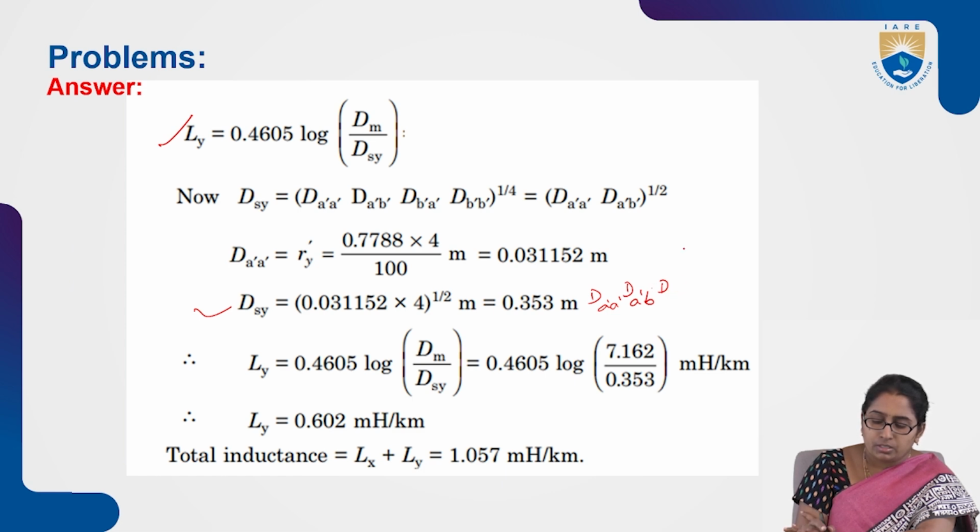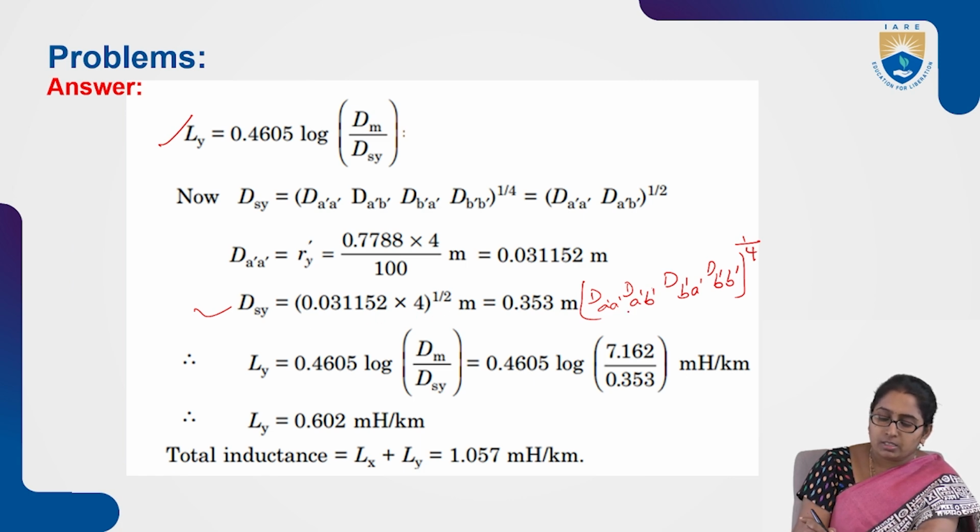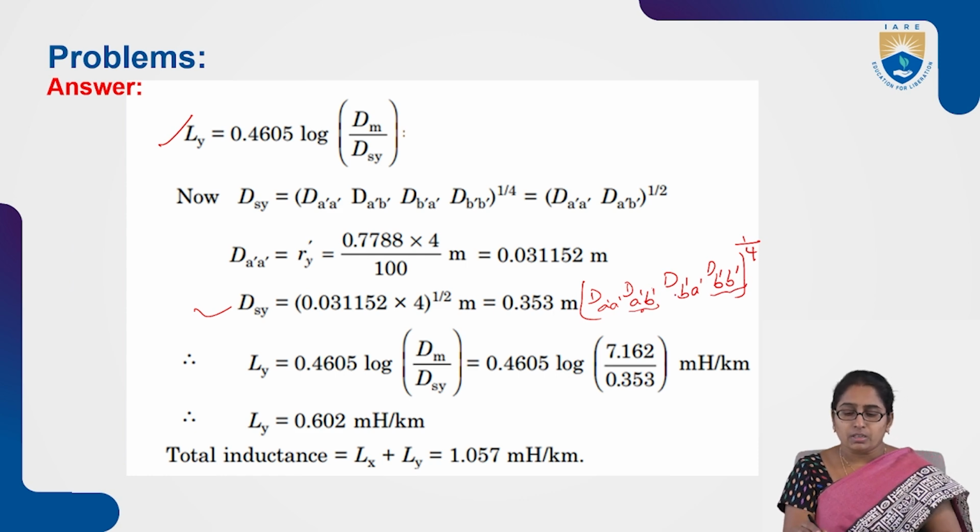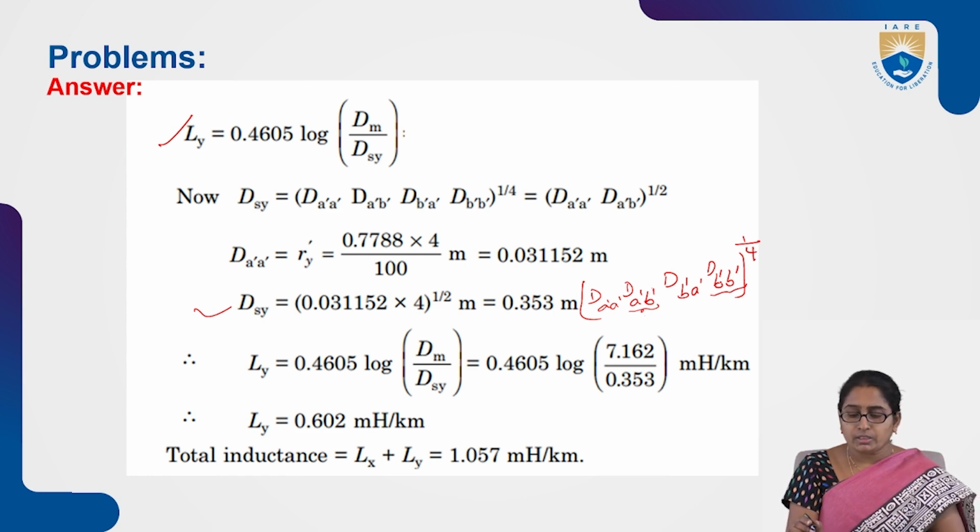Just two conductors, right? A dash, B dash. So DA dash A dash, DA dash B dash, DB dash A dash, DB dash B dash, whole power 1 by n square. N is how much? 2, right? So 1 by 4. Here the distance given is 4.